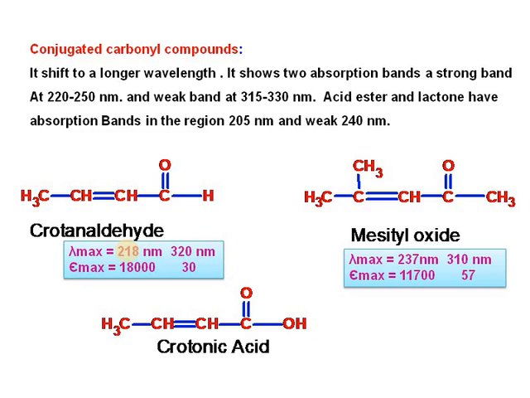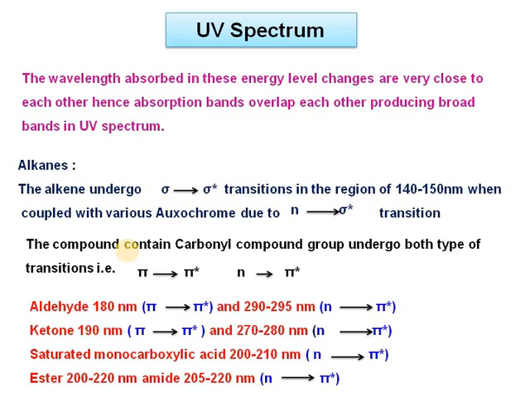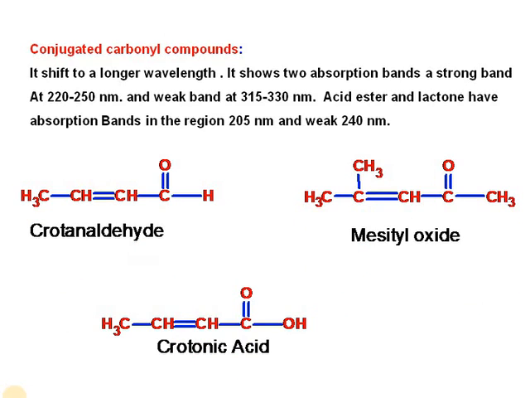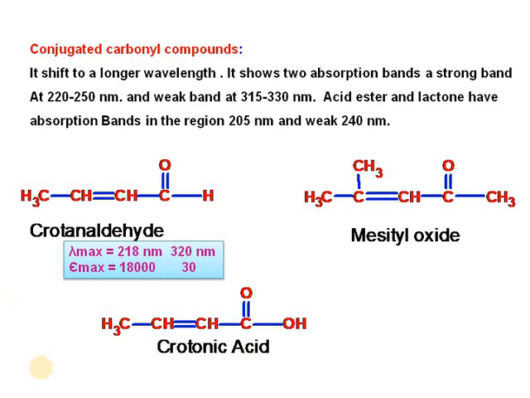Now see here, in simple aldehydes the value is found to be 180 nanometers to 190 nanometers. But with conjugation in the aldehyde or ketone, the value still increases, like 218 nanometers.